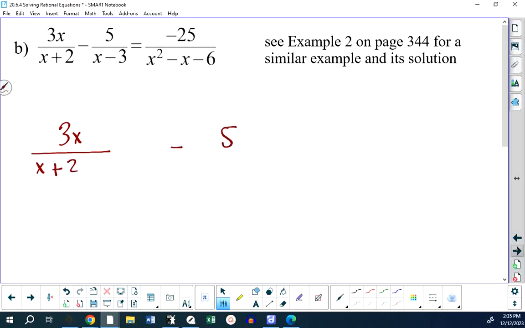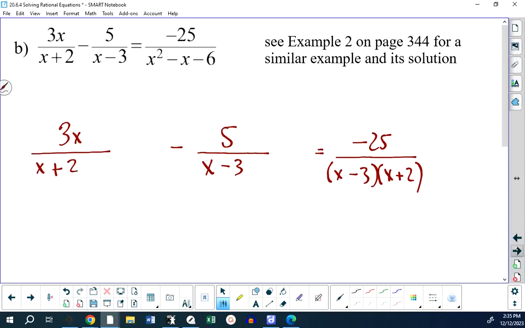And again, I like to leave lots of room here because I know I'm about to multiply everything left and right by something. Oh, this is great. Because in order to get rid of the x minus 3, x plus 2 on the bottom of the right-hand side, I have to multiply both sides by x minus 3, x plus 2. But how many of you see in doing that, we will also get rid of the other denominators?